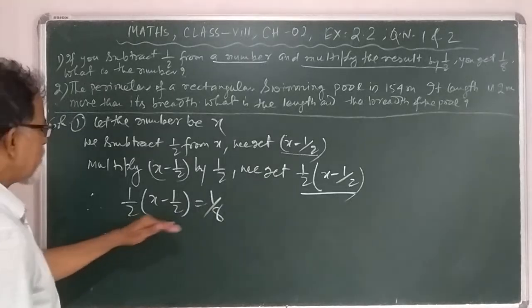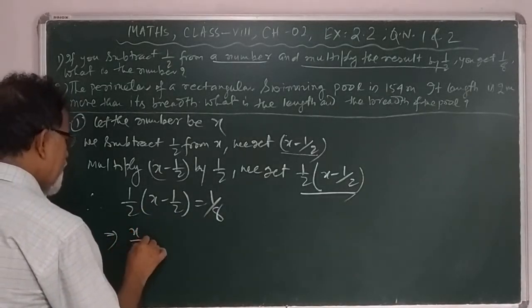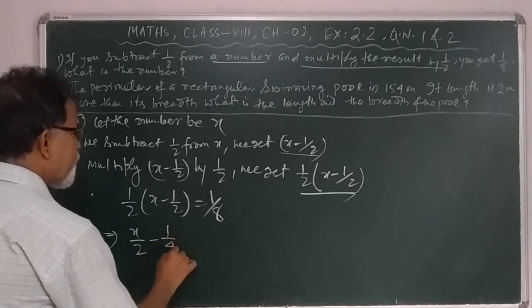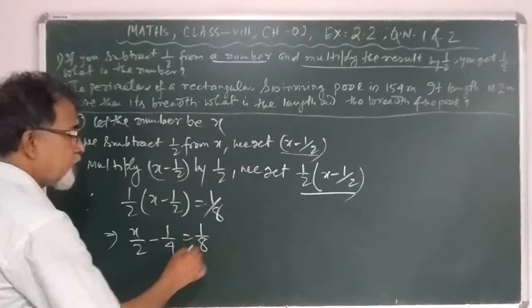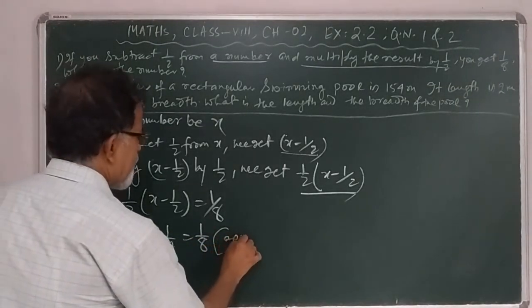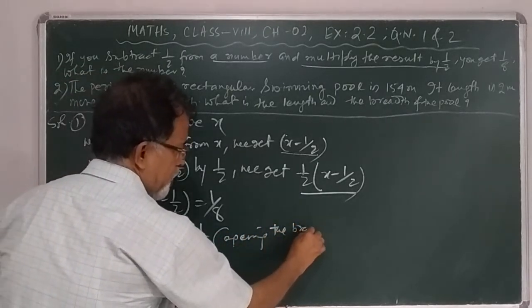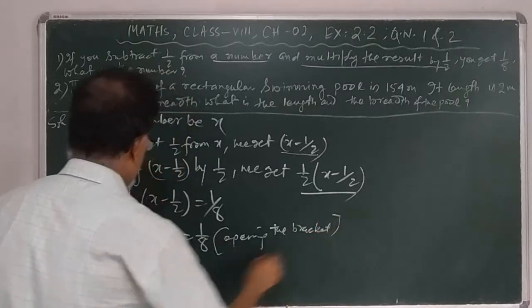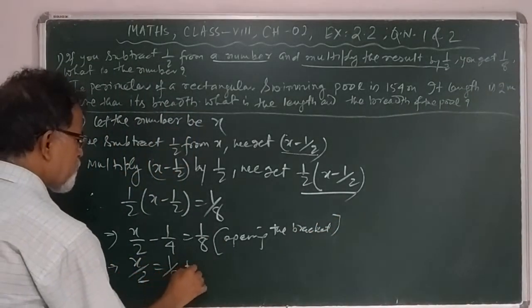Now we multiply 1 by 2, x by 2 minus 1 by 4 equal to 1 by 8. Opening the bracket, x by 2 equal to 1 by 8 plus 1 by 4.